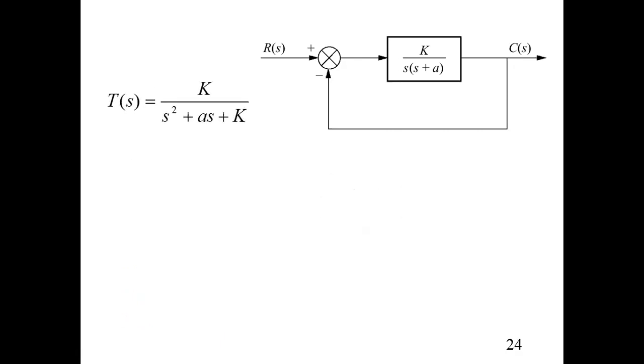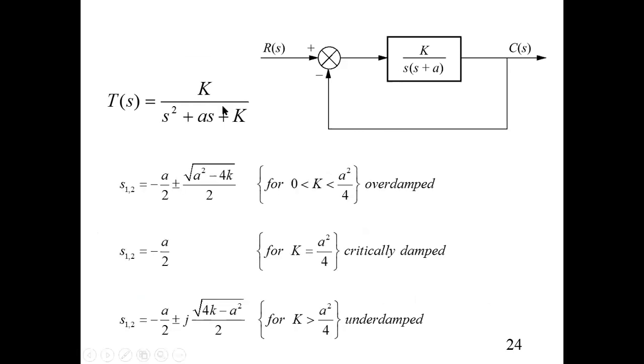Here we have the equivalent transfer function. By using the formula for finding the value of S, if the range of K is from 0 to a square over 4, the resultant values of S will be real, so the system will be overdamped. The values will be real and unequal.